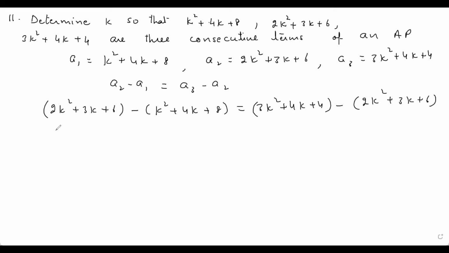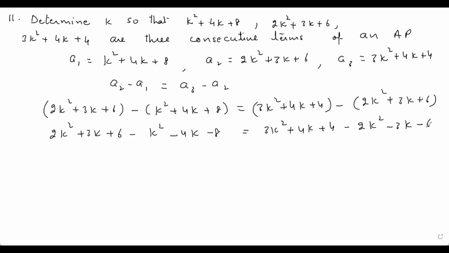Now open the bracket, you will have 2k square plus 3k plus 6 minus k square minus 4k minus 8 is equal to 3k square plus 4k plus 4 minus 2k square minus 3k minus 6.